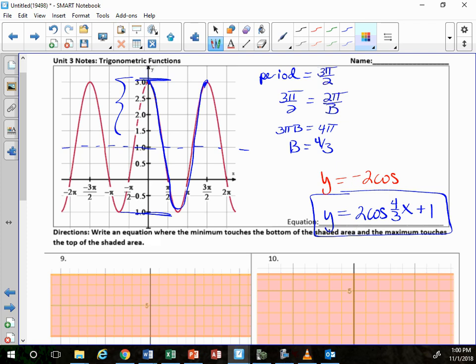Does the negative make it flip over the x-axis? So we'll flip over the x-axis first and then shift up.